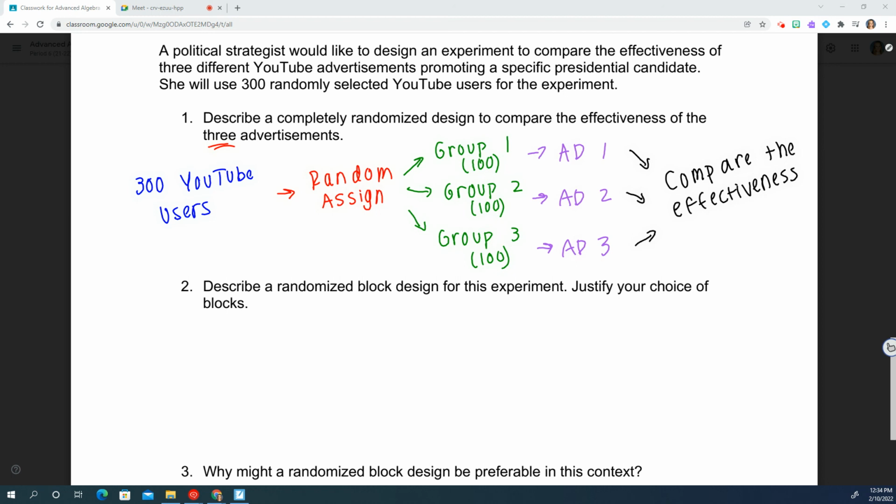We kind of want our blocks to be roughly equivalent. So a way we could block them is by their age. We could list them oldest to youngest, and then block off 150 of the oldest group, 150 of the youngest group, and then assign groups from there. So we still have the 300.